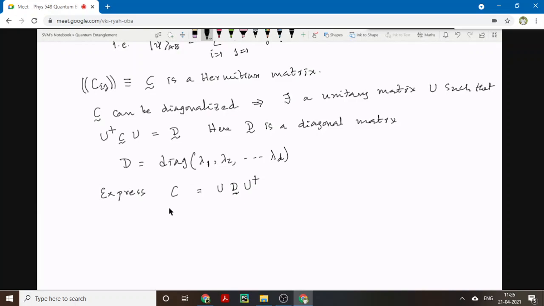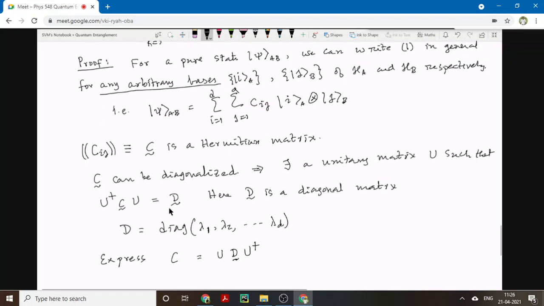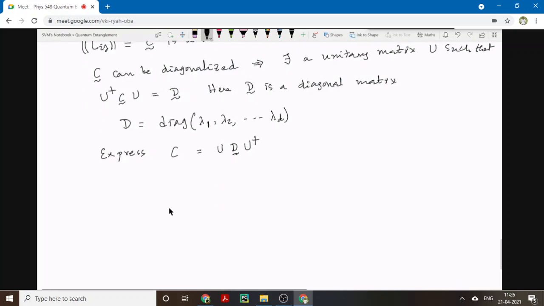Okay. Now we can say that, what is there here? I have Cij. C is U D U dagger, no? Because if we left multiply with U and right multiply with U dagger, then U dagger U is the identity matrix.